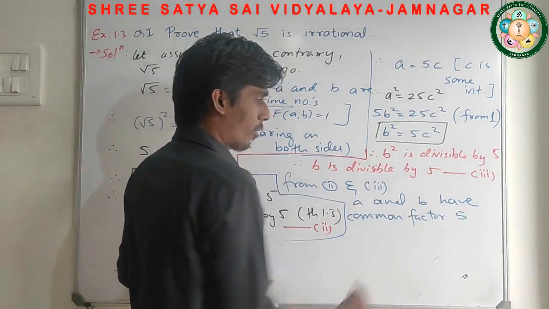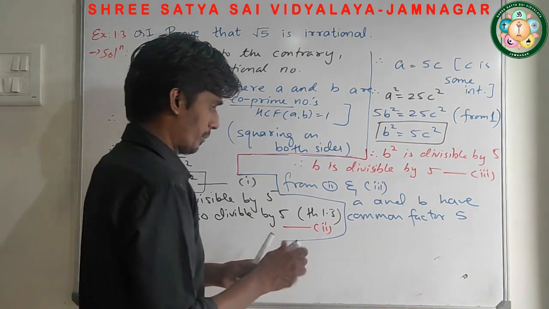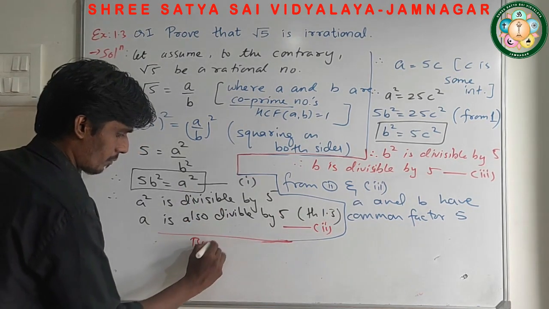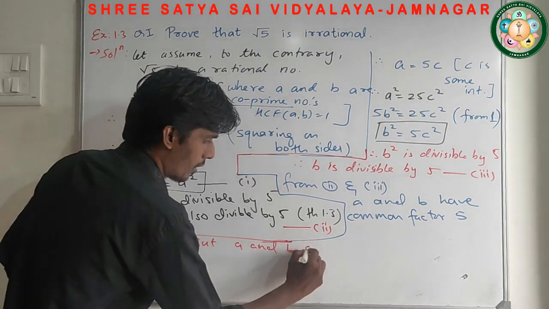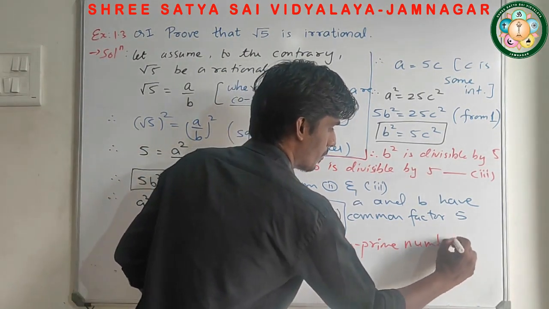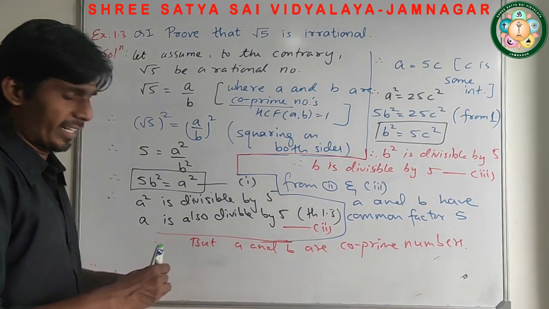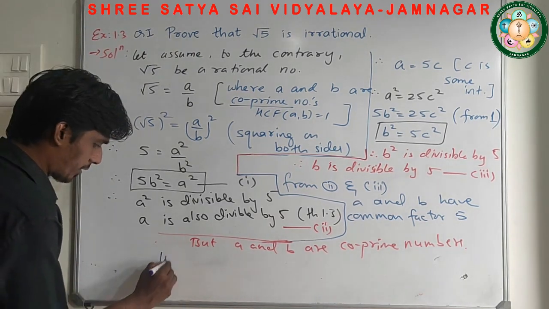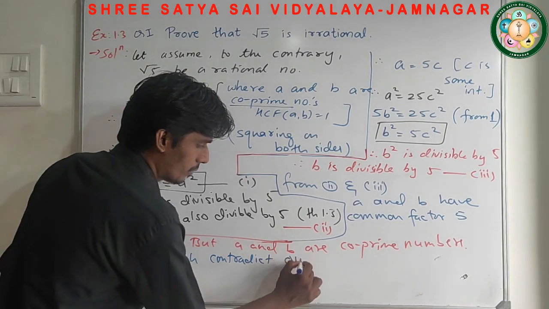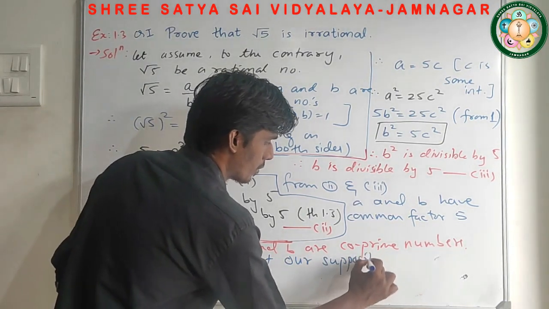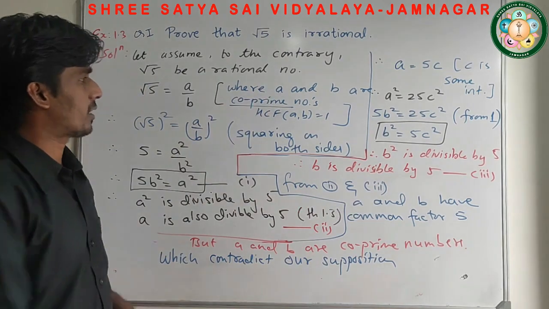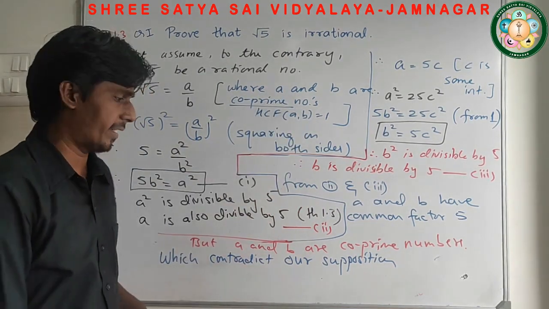So a and b have common factor 5, but a and b are co-prime numbers, which contradicts our supposition or assumption. So which contradicts our supposition, the statement we supposed is going against it.